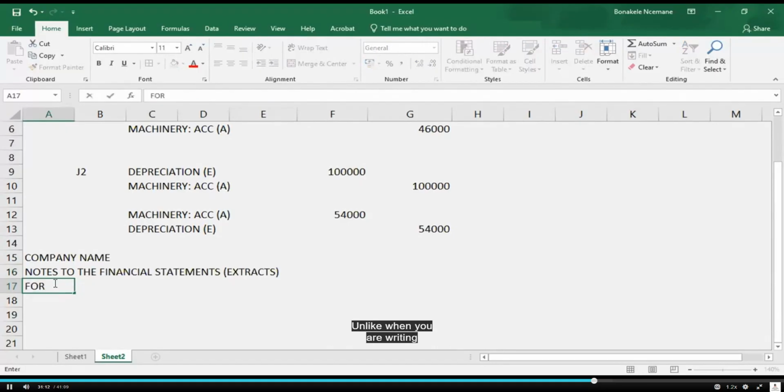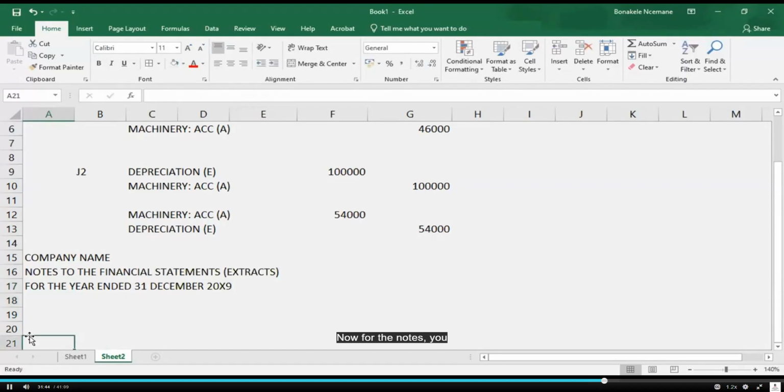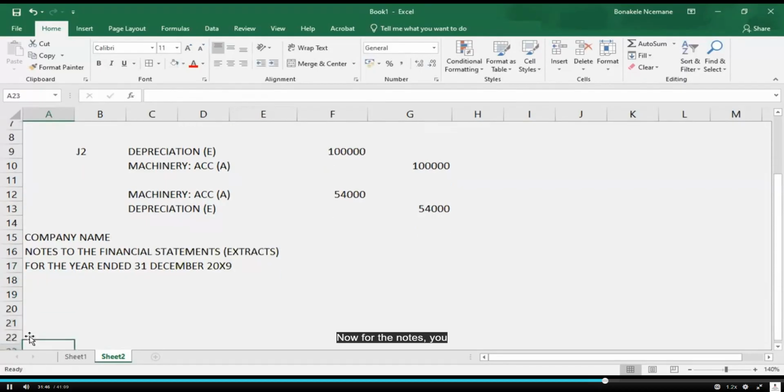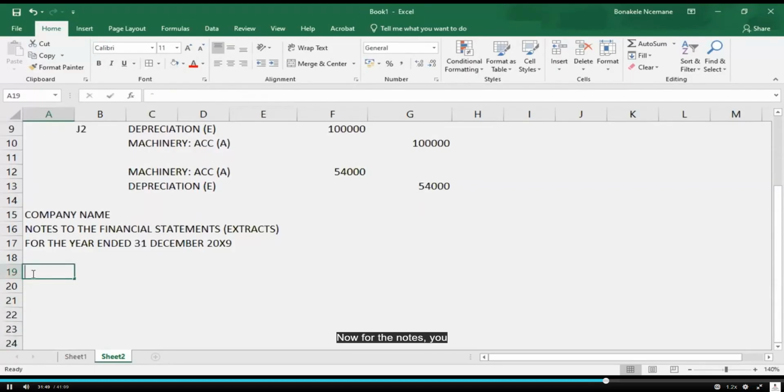And unlike when you are writing a statement of financial position, for the note the headings should say for the year ended, as though you are doing a statement of comprehensive income. And in this case, it's 31st December 20X9. And now for the note, you have effectively two sections when you're accounting for a change in estimate.